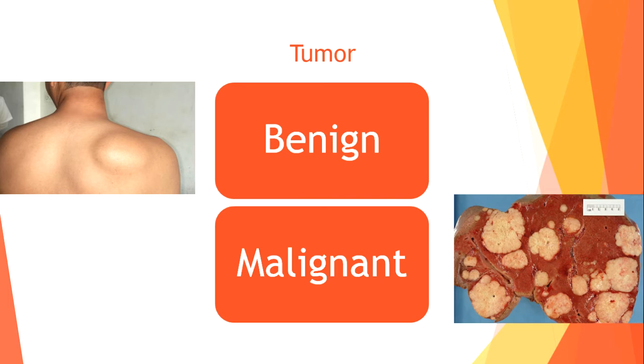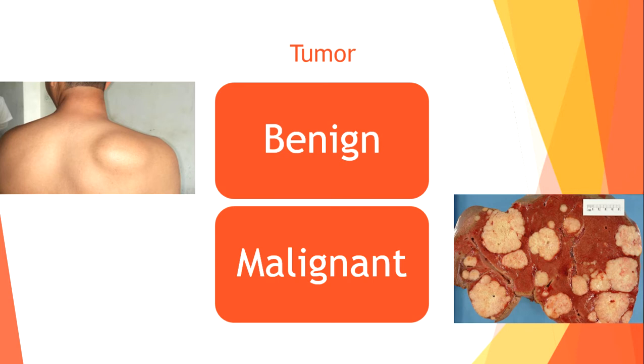What are the features of a benign tumor and why do we divide it from a malignant tumor? A benign tumor doesn't invade into surrounding tissues. It has not so fast a growth rate like a malignant tumor, and it doesn't metastasize.